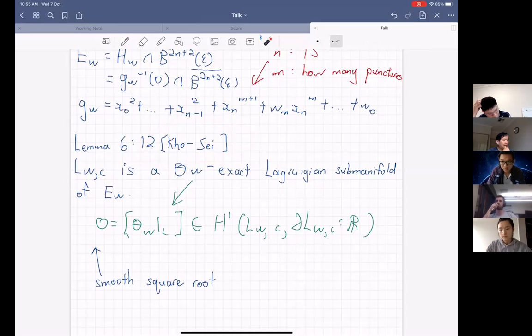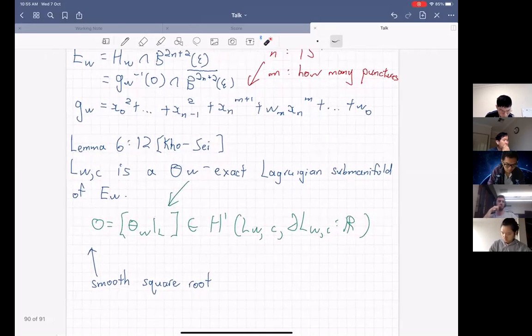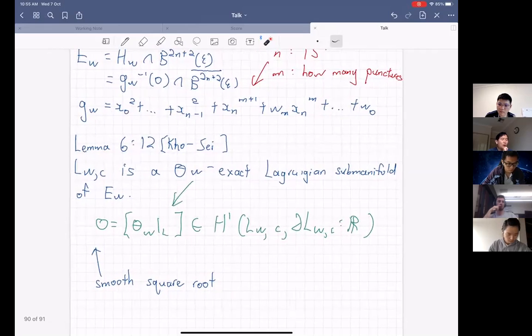The path is a smooth embedding path. There is a way in the local model. They have an explicit expression, like a parameterization, and they just smooth it. They choose a square root.